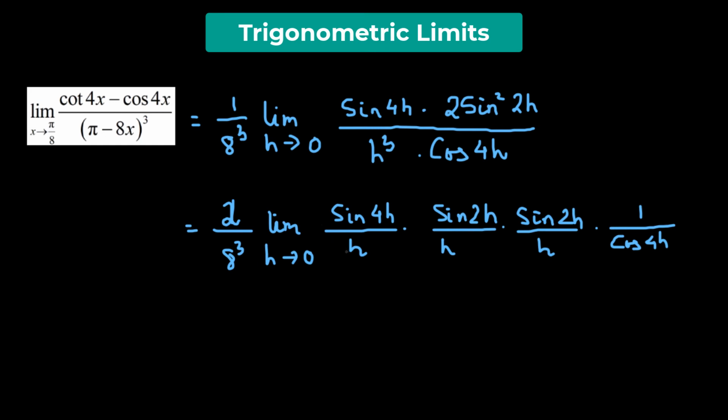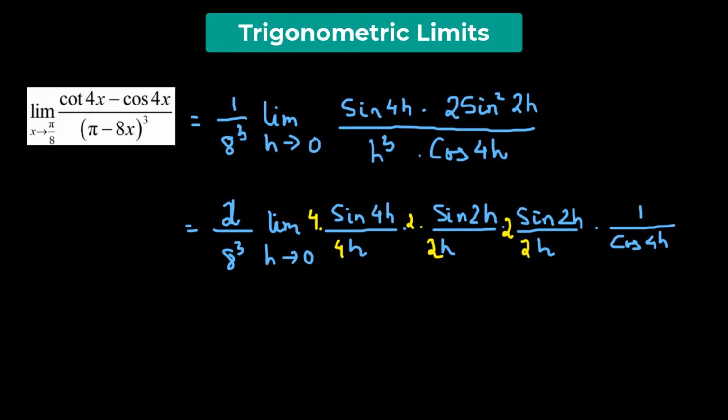So now we are going to multiply sine 4h over h. So we're going to multiply the denominator by 4, but that would mean we need to multiply by 4 overall. We will multiply h by 2 and multiply the entire function by 2. Similarly, we multiply by 2 and multiply the entire function by 2.